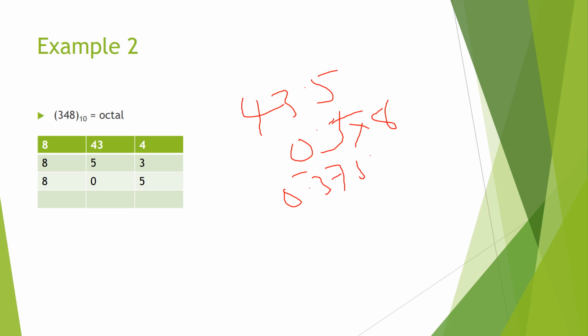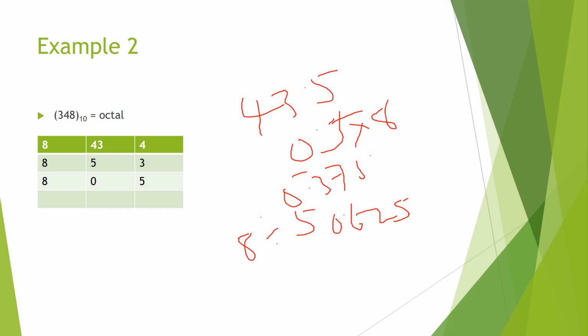And then now, you divide 5 by 8 again. In this case, you can see that 8 is more than 5, so it will be a 0, then remainder of 5. Why remainder of 5? Because if you divide 5 by 8, you get 0.625. And now, if you take 0.625, you multiply by 8, you get a 5.